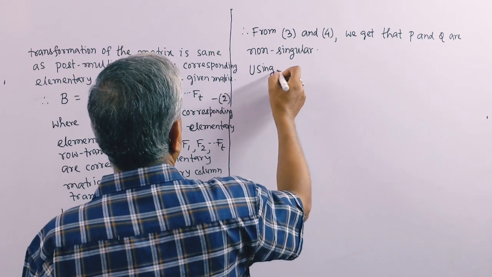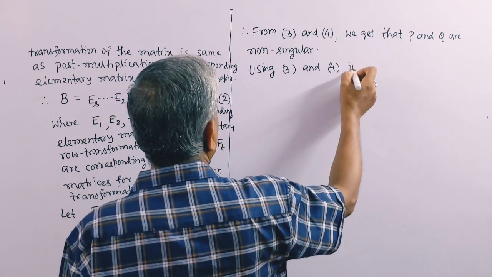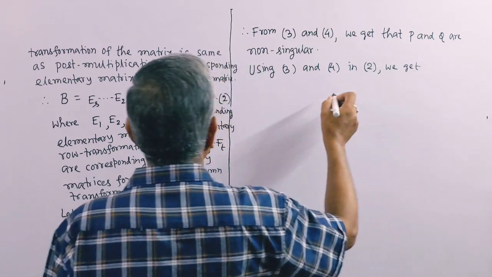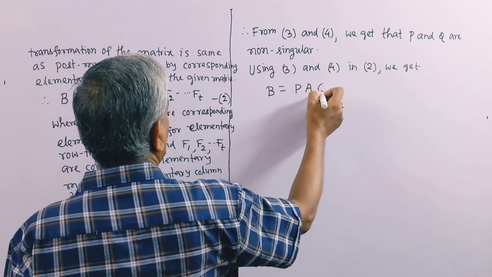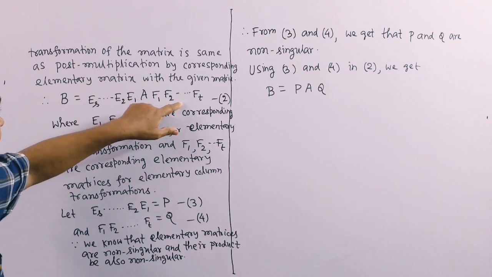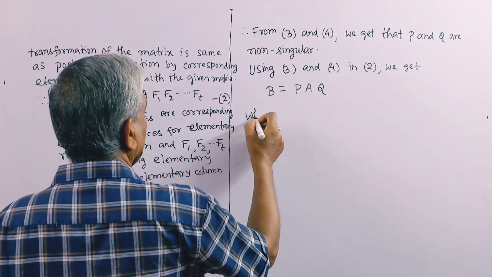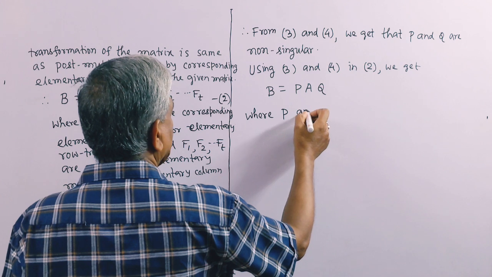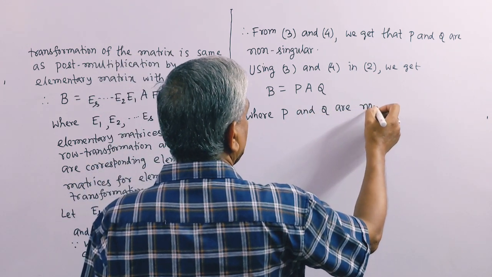Using 3 and 4 in 1, we get B equal to PAQ. Here this part is P and this part is Q, where P and Q are non-singular matrices.